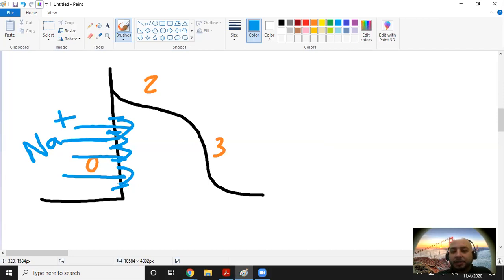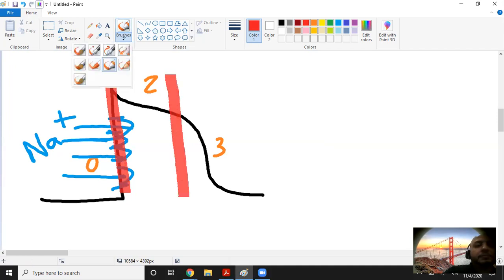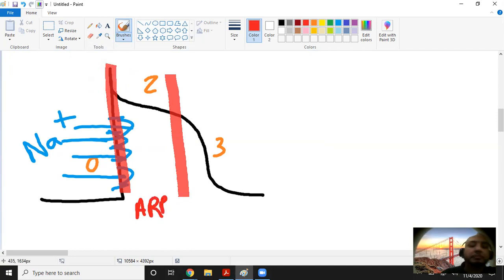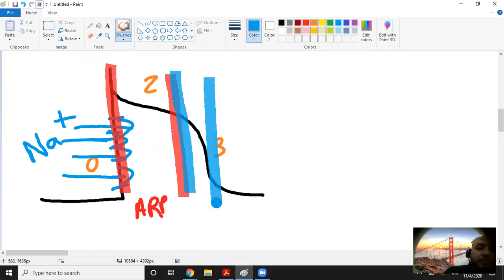Well, for how long are they saturated? They are saturated roughly from right around here to just about here, and this area is known as your absolute refractory period. Then from the end of the absolute refractory period to basically the end of repolarization, that would be known as your effective refractory or relative refractory period.